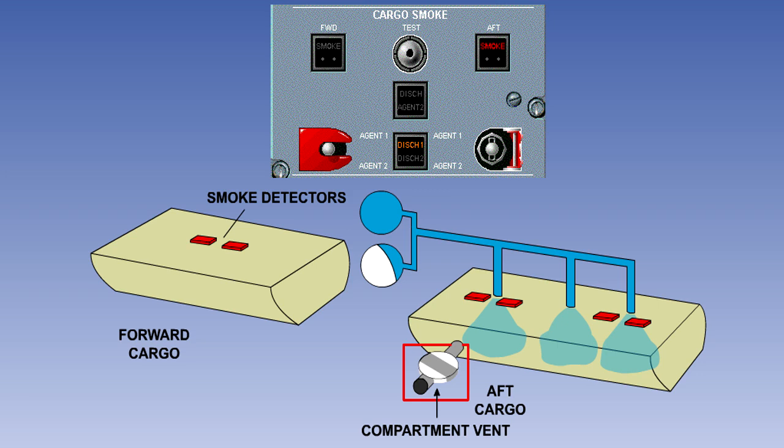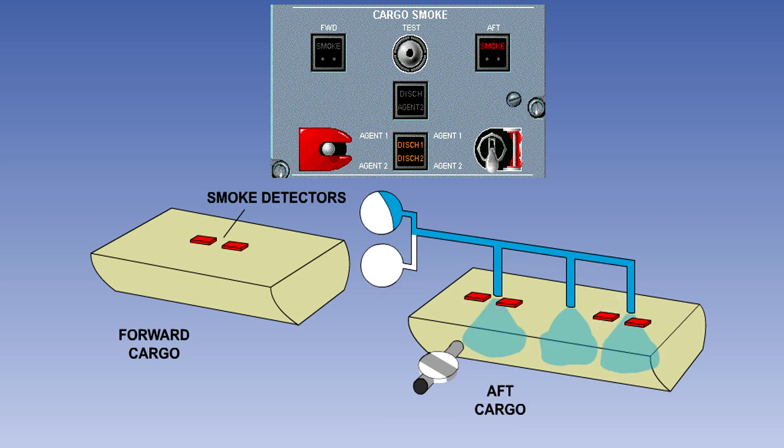When the bottle discharges, the discharge light will illuminate. If, after a preset period of time, the fire has not gone out, the discharge agent 2 light will illuminate. This is the cue for the pilot to once again raise the guard and discharge the second fire bottle into the compartment.